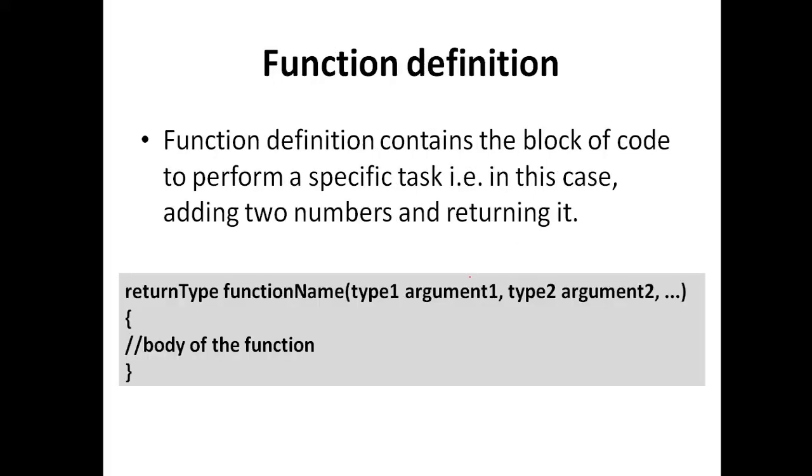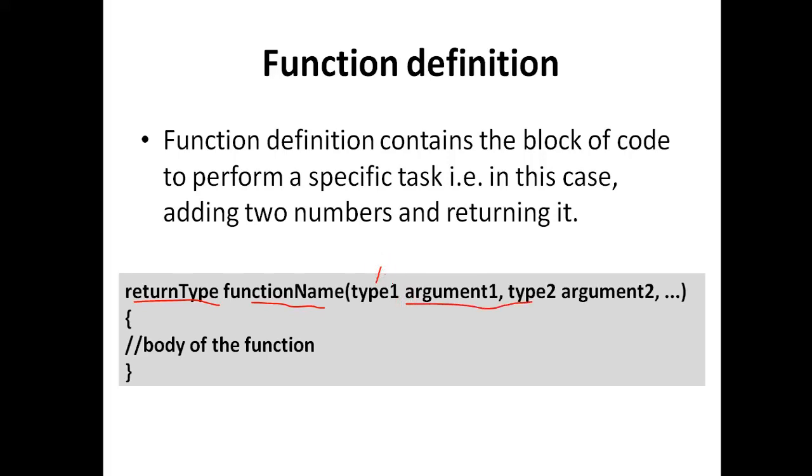The third element is function definition. Here we have the function declaration, whatever we did, as the first line without a semicolon, and then we have the body. This is how I define the function. First I give the return type, then the name of the function, then the arguments which the function is going to take.